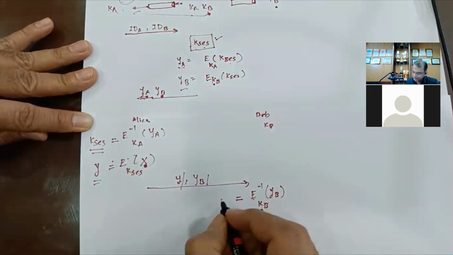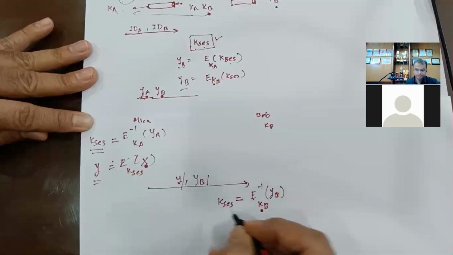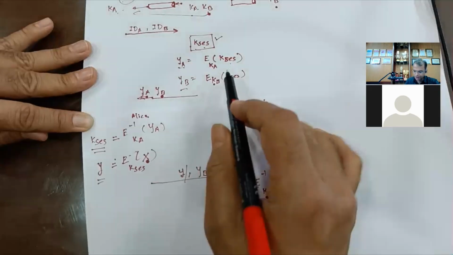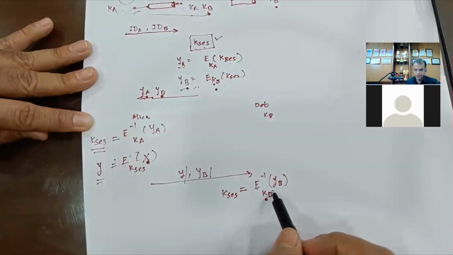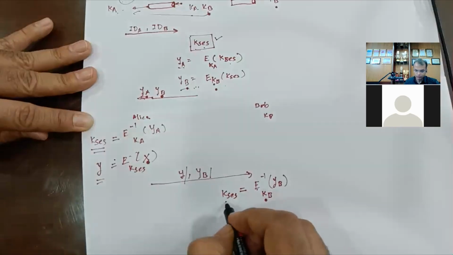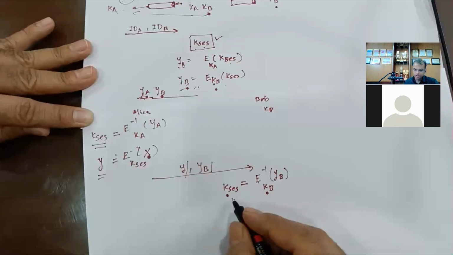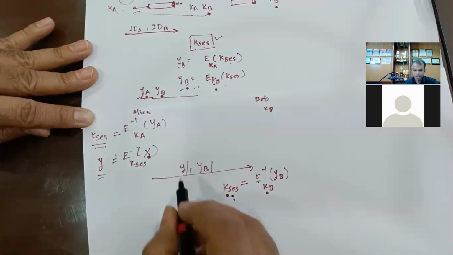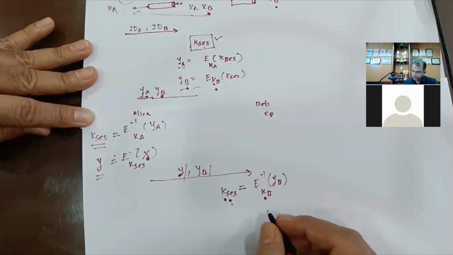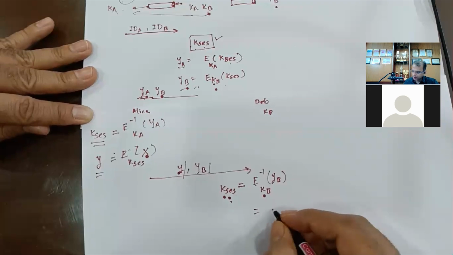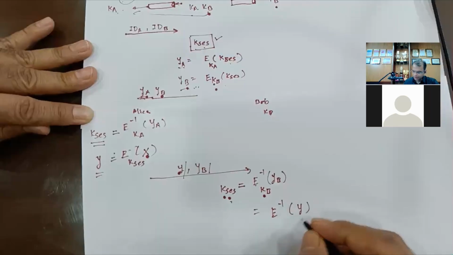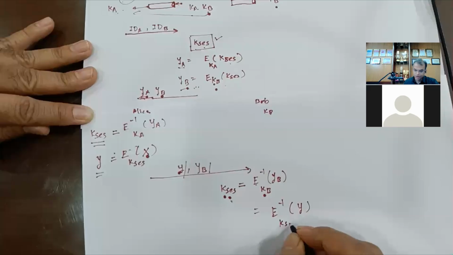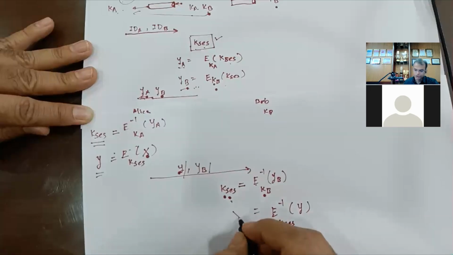What will he get? K session key, because K session key was encrypted using KB to produce YB. And what you have to do with this K session key, you have to use it for decrypting the actual message. Again, the same procedure: you decrypt Y using K session key to produce the original message X.